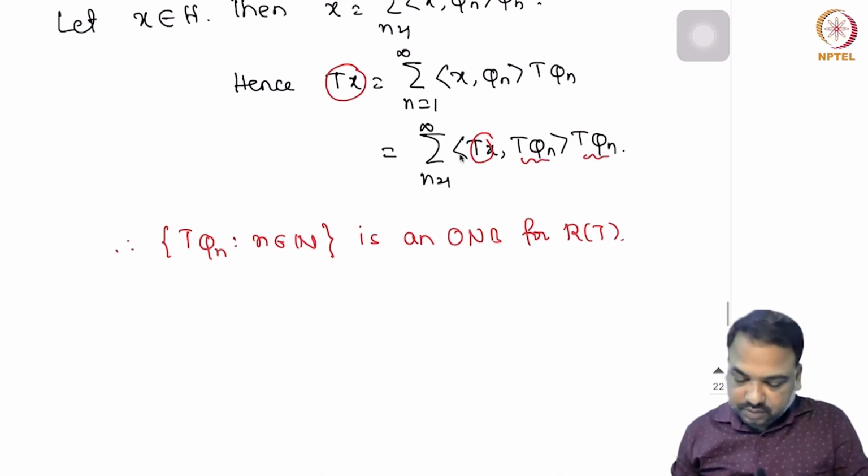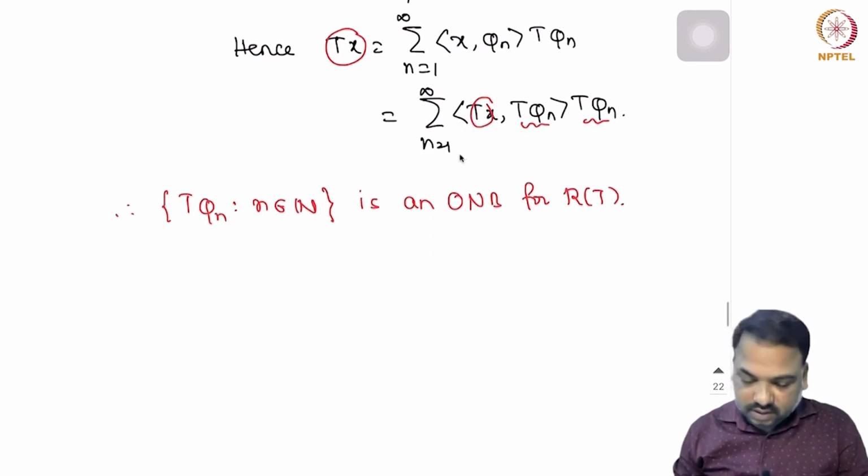So from this we conclude that T phi n forms an orthonormal basis for the range of T.